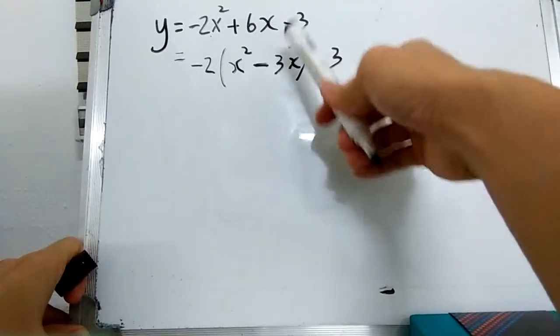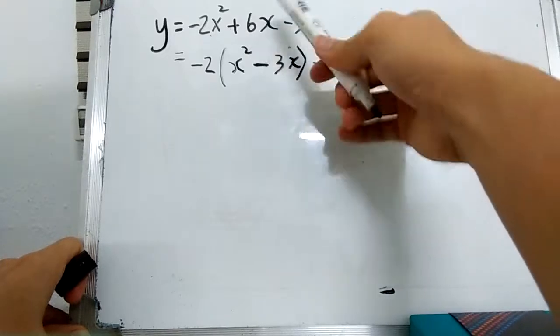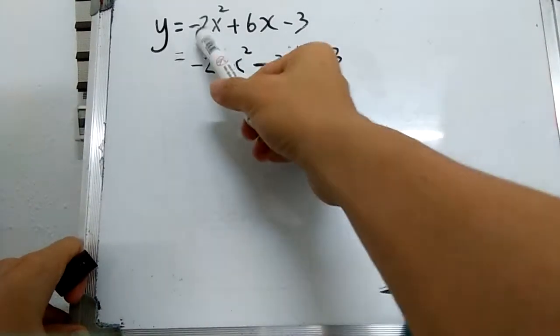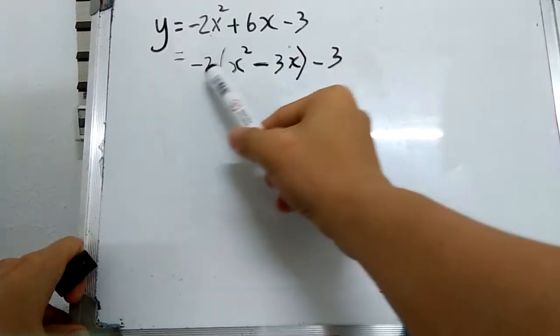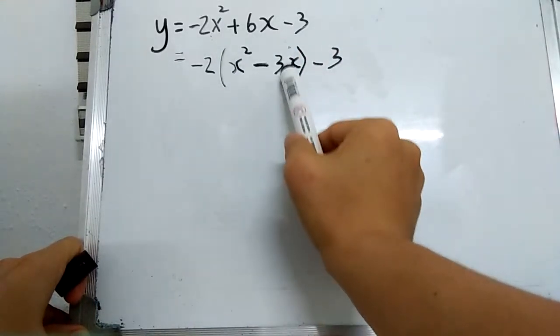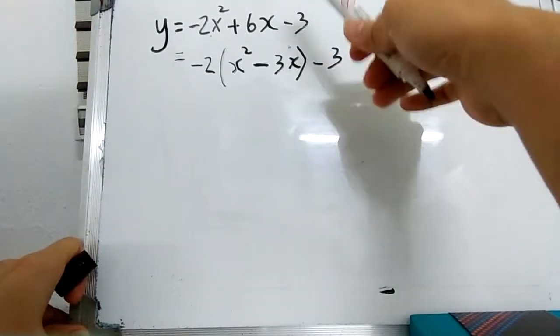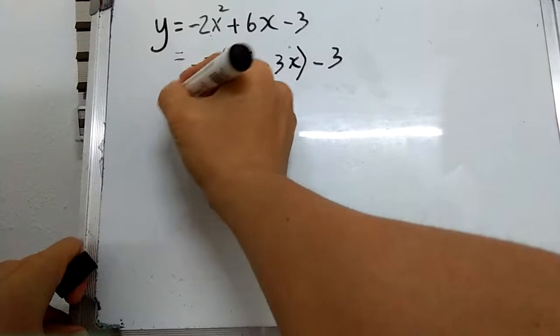Now if you double check and go back to this expression, when you times negative 2, you will get back negative 2x squared. Negative 2 times negative 3, you will get 6x. So that doesn't change anything for the equation.